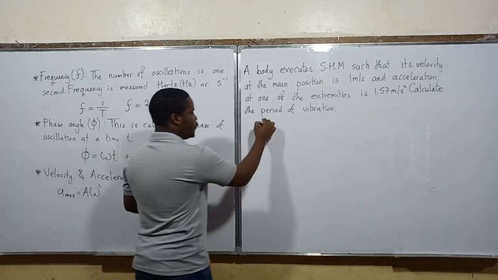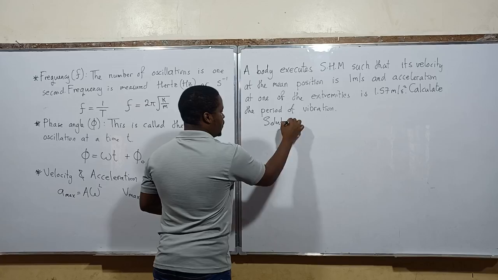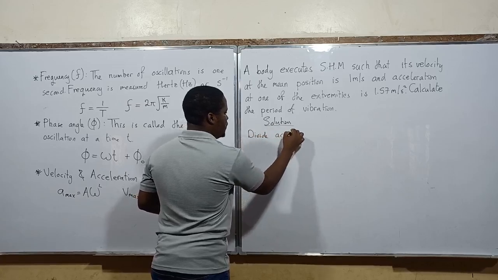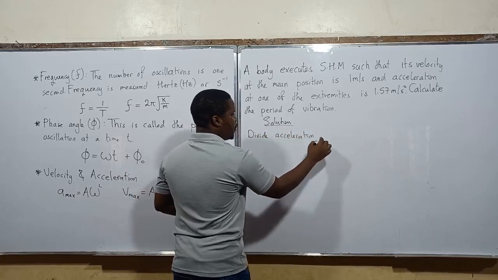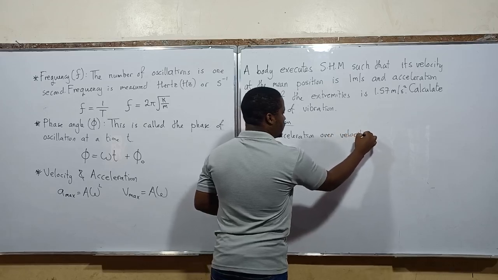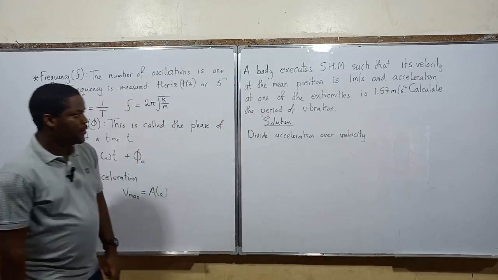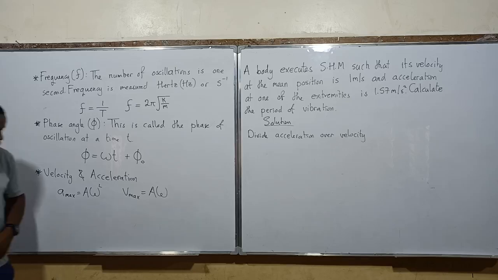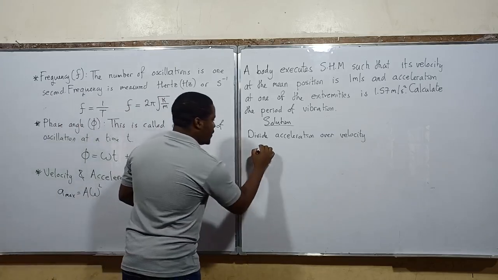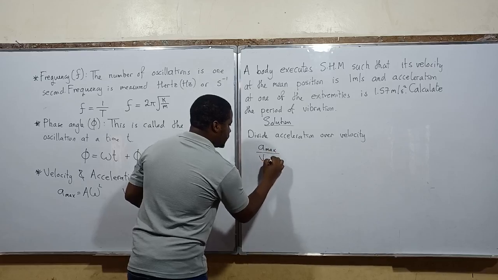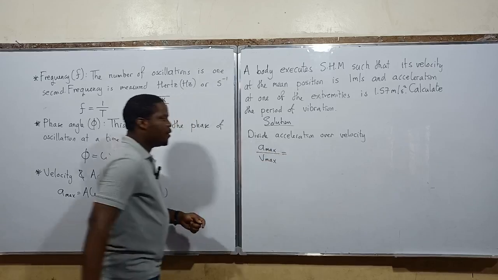Simple as that. In other words, we're dividing the maximum acceleration over the maximum velocity. So we're saying A max divided by V max. You see why we're doing this?